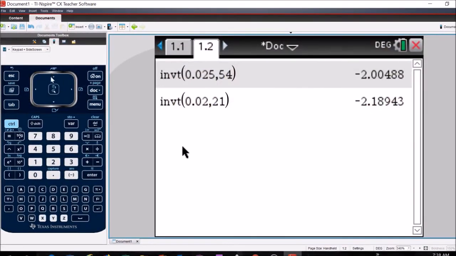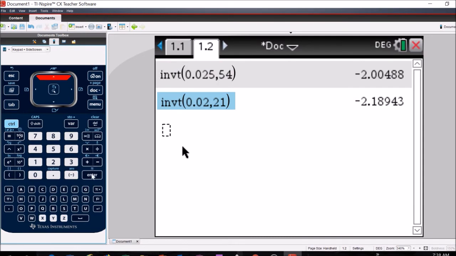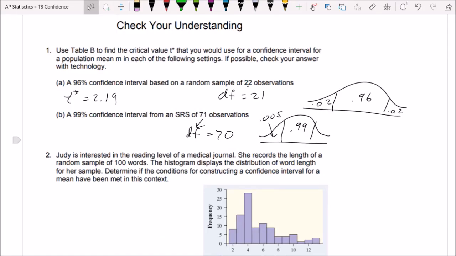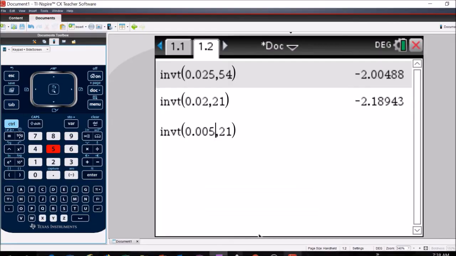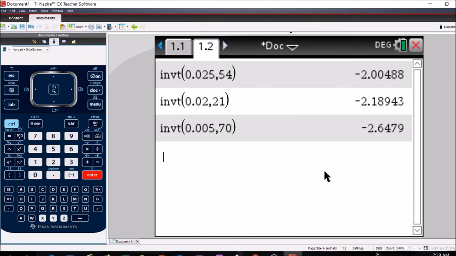Let's do it as quickly as possible. Up, enter. And we're just going to edit this. So instead of 0.02, 0.005, and what was it? Was it 70? Yeah, okay, so 70 for our degrees of freedom. And we get 2.65, it looks like.